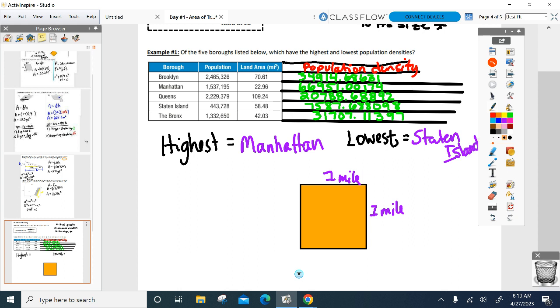And before we go to the next one, and I know how much everyone loves games here, what do you think? The state with the highest population density. So think about it. If it's got a high population density, that means it's kind of a small area, but a lot of people packed in, right? Small area with a lot of people packed in would be a high population density.